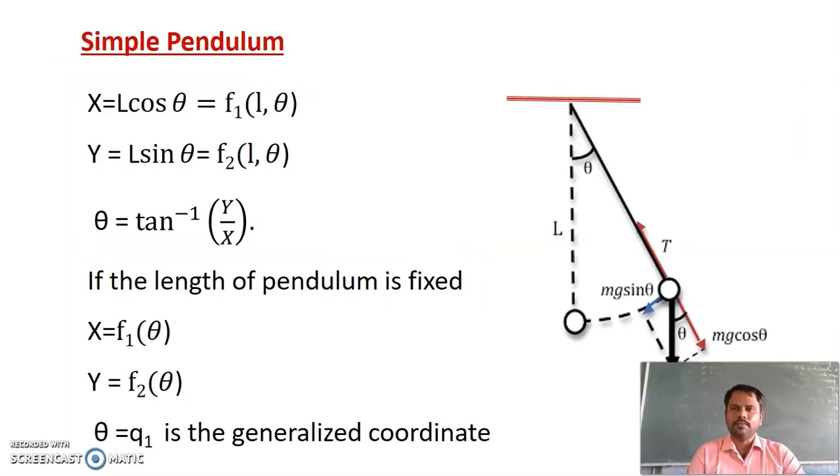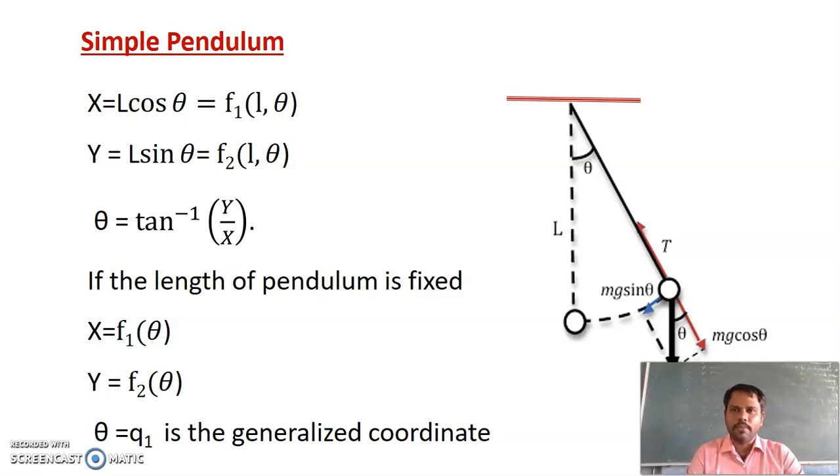Let us consider an example of a simple pendulum. Simple pendulum motion can be described by any of the available coordinate systems, like Cartesian coordinates and plane polar coordinates. However, the best choice is plane polar coordinates.